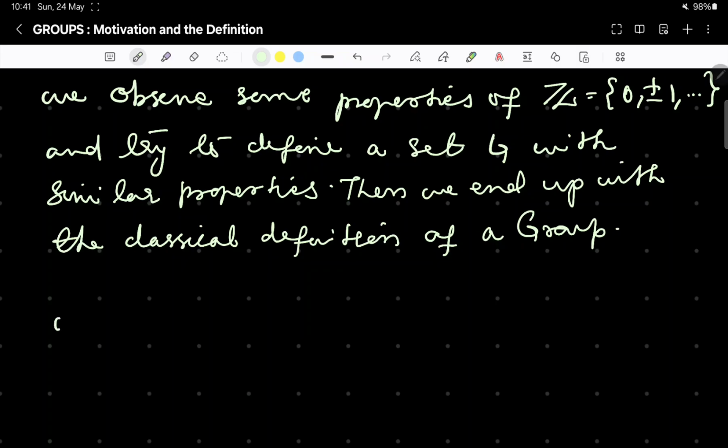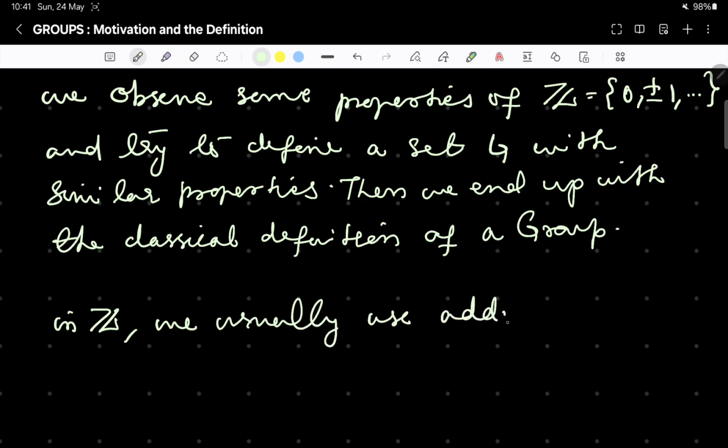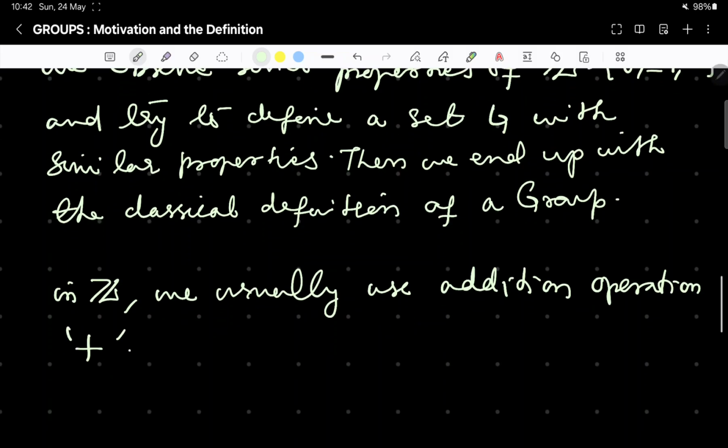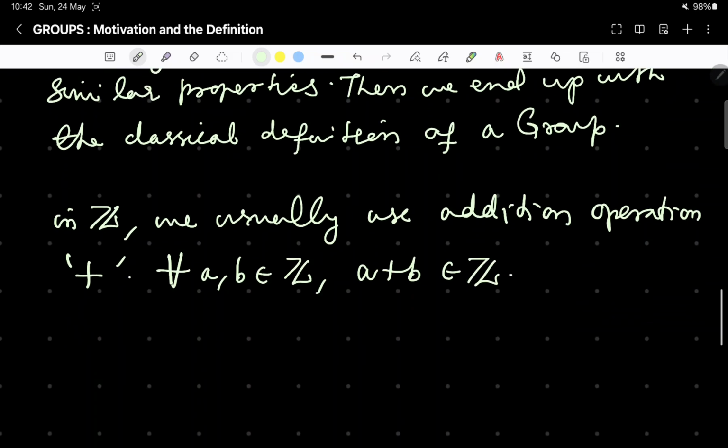So in Z we usually use the addition operation. Okay, so this is the addition operation, right? And we observe one thing, that for any a, b you take from Z, you can see that a plus b is going to be inside Z, right?